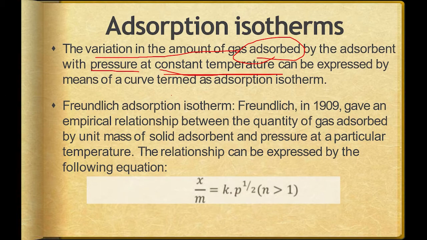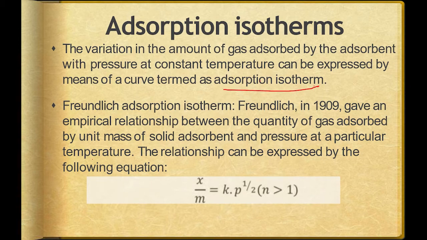Okay, so it is the variation of the amount of gas with pressure, but what are the conditions? There is some pressure and there is some constant temperature. And how is it expressed? By means of a curve. When it is expressed by means of a curve, it is known as an adsorption isotherm.